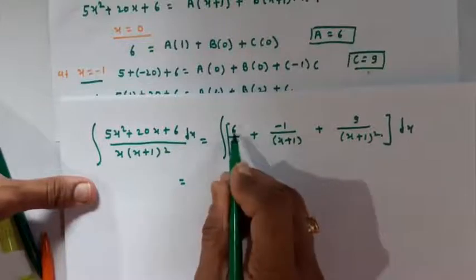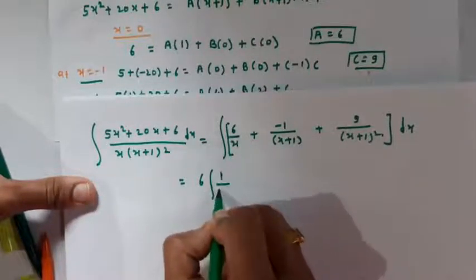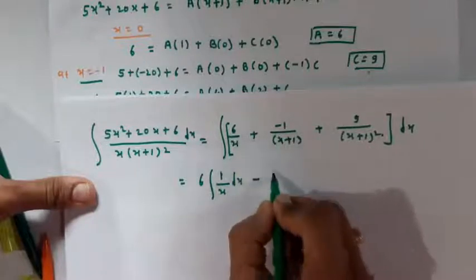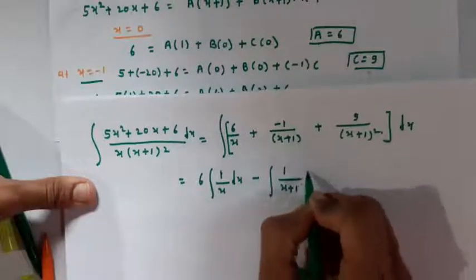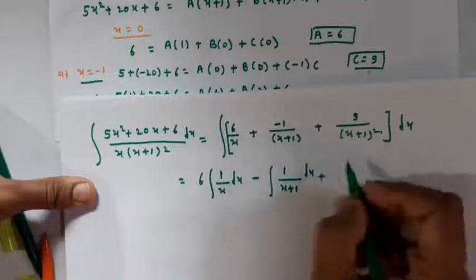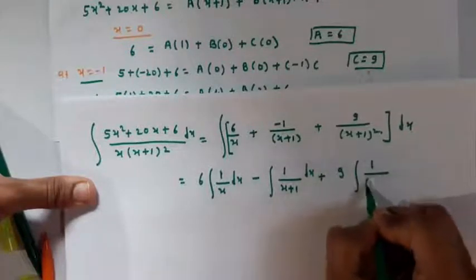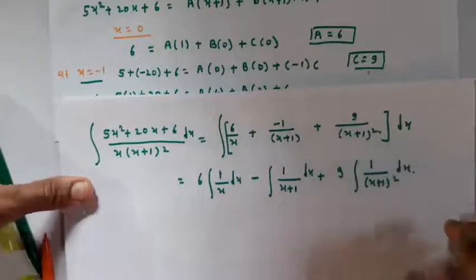The first term, that is 6 upon x, take 6 outside. Integration of 1 upon x with respect to x, minus integration of 1 upon x + 1 with respect to x, plus 9 as a constant, and integration of 1 upon (x + 1)² with respect to x.